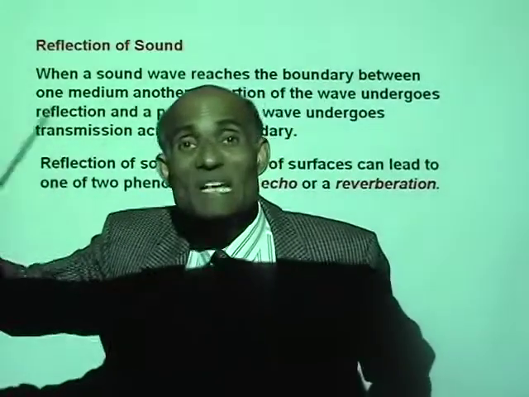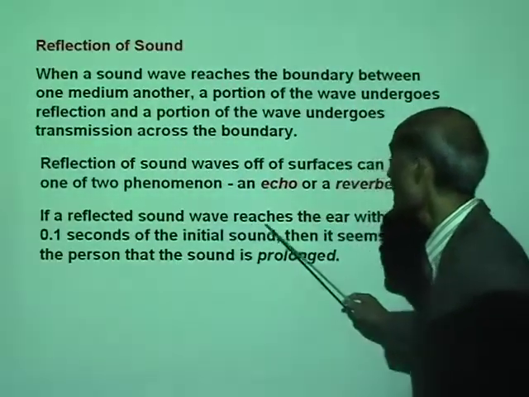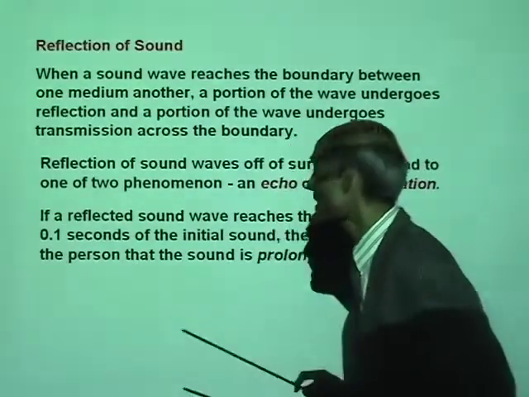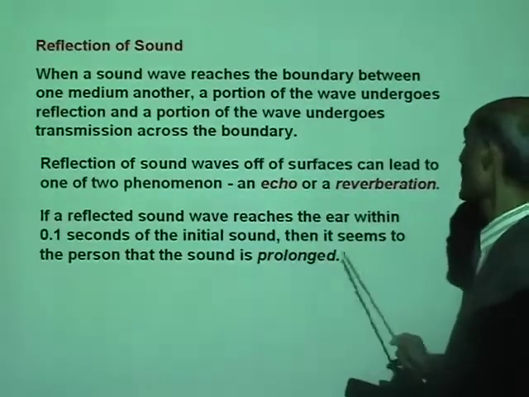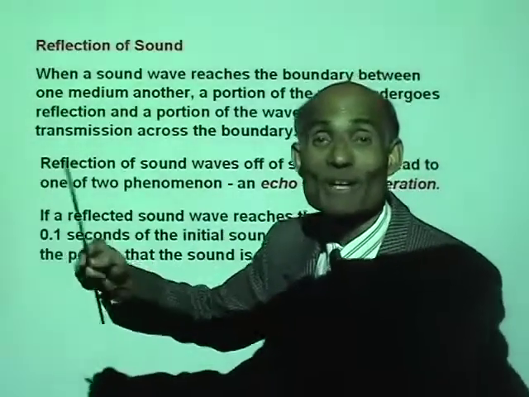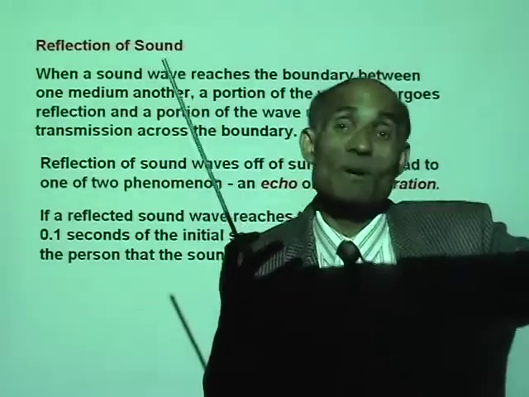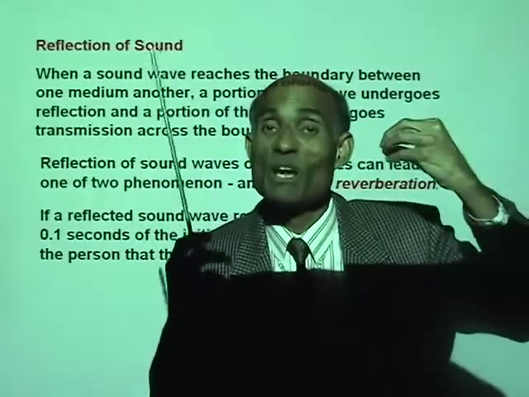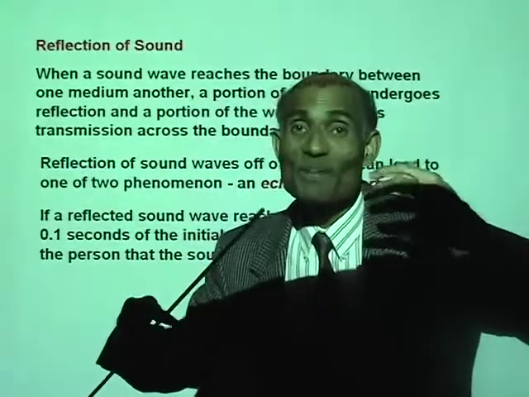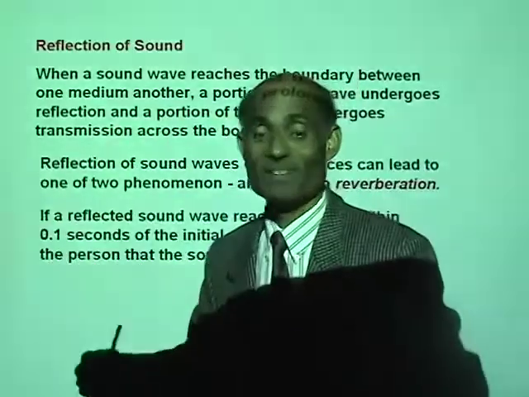Reverberations are repeated echoes. If a reflected sound wave reaches the ear within 0.1 seconds of the initial sound, it seems that the sound is prolonged. You see, when I speak, if the reflected sound from the wall reaches me within 0.1 second of my speech, then my speech sounds as though it is prolonged.